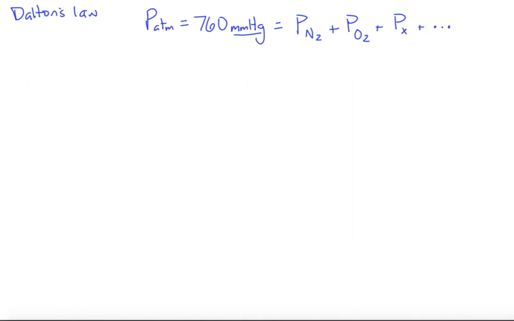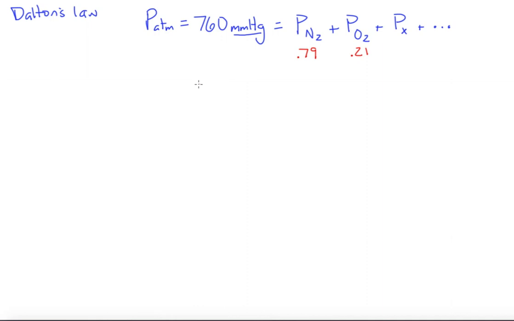If we put percents on these, the nitrogen is about 79%, or 0.79 of the total, and oxygen is, of course, the other percentage, 0.21. Add those two together and you end up with 1, 100%. So if we want to know the partial pressure of oxygen in air, all we have to do is multiply this fraction by the total.